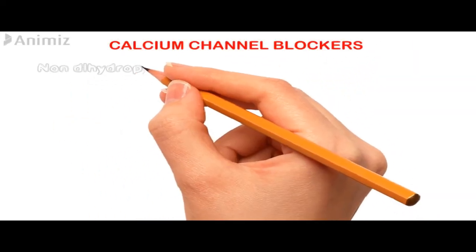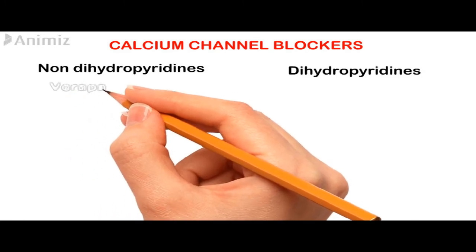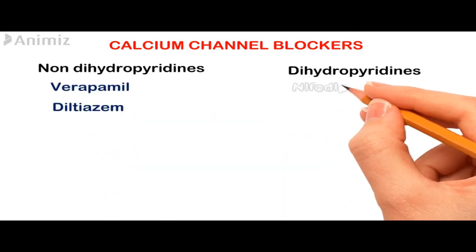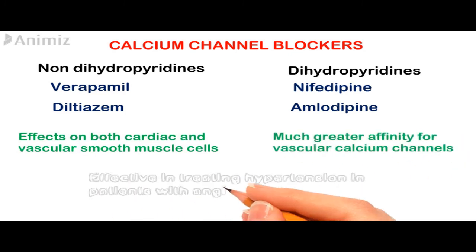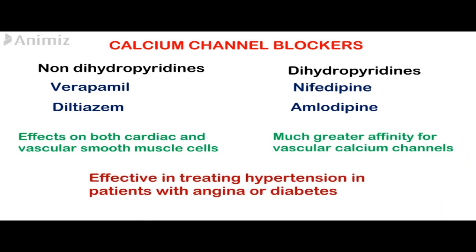Calcium channel blockers are very important drugs in hypertension, especially for patients with angina or diabetes. These drugs are divided into non-dihydropyridines and dihydropyridines. The non-dihydropyridines are verapamil and diltiazem, while the dihydropyridines are nifedipine, amlodipine, felodipine, isradipine, nicardipine, and nisoldipine.